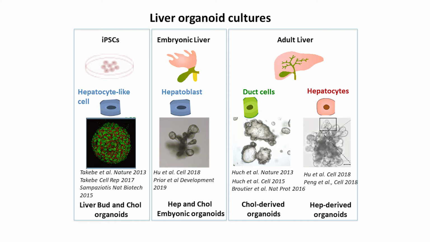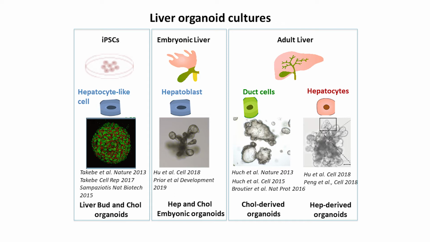It has also been used by us to define these three-dimensional structures that we are going to see in a second. Now we know that they derive from ductal cells in the liver, and we now call them cholangiocyte-derived organoids. At the beginning, we just called them liver organoids, and we realized after Hans' paper and Nuss's paper that we had to call them cholangiocyte-derived organoids.